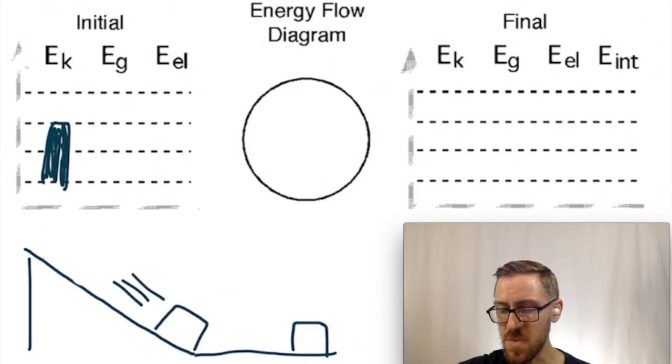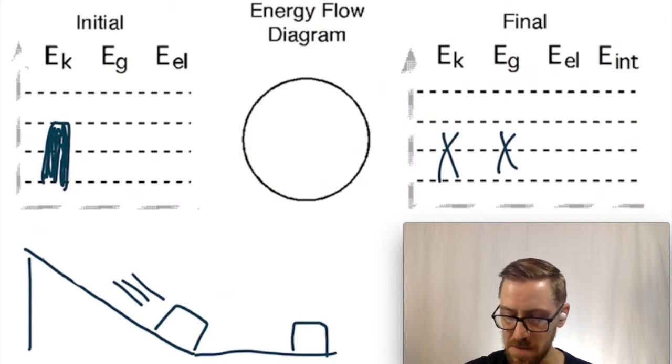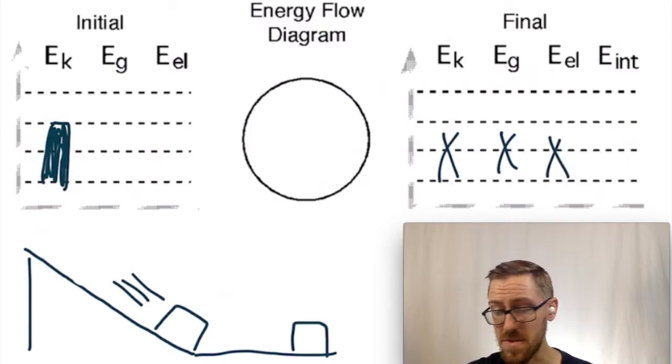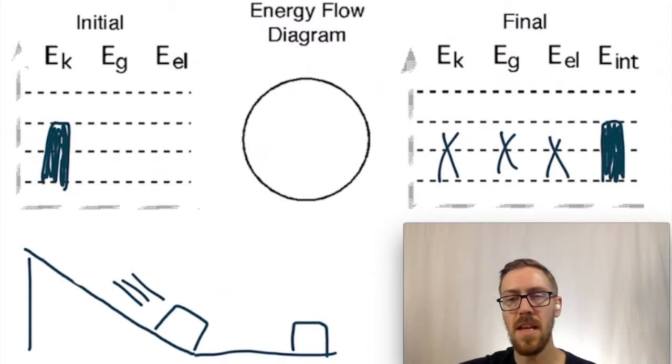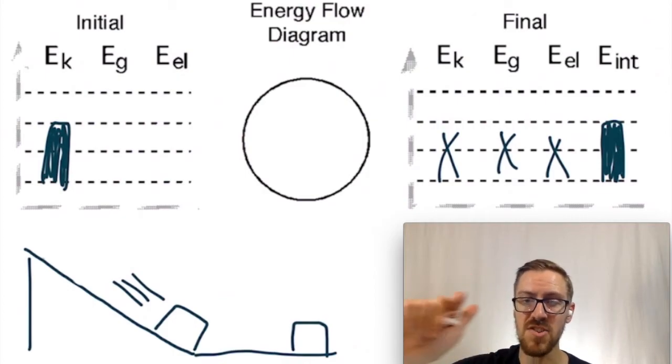And so in this one, we're going to have no kinetic because we're no longer moving. We have no gravitational because we're on the ground, same as we were at the beginning. We have no elastic because we're not being stretched or squished. And so all we're left with in this one is all of our energy now is in the energy trash can, E_int, or the E dissipated, or the E thermal category. All of our energy has gone into the energy trash can.